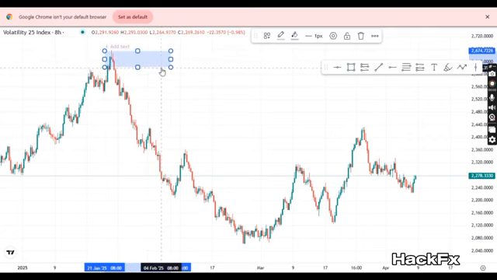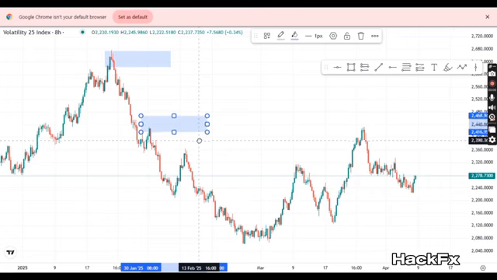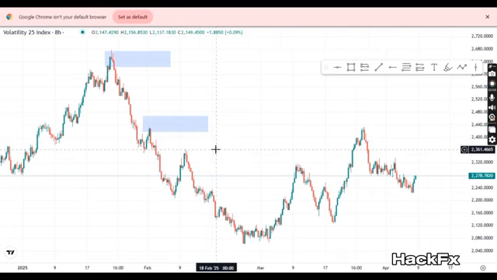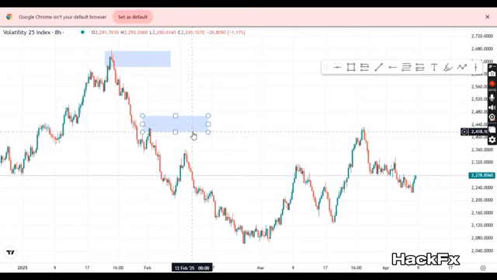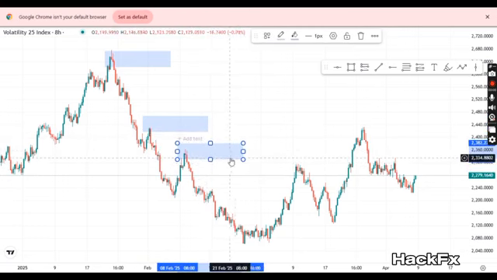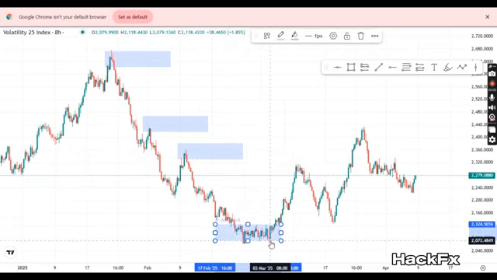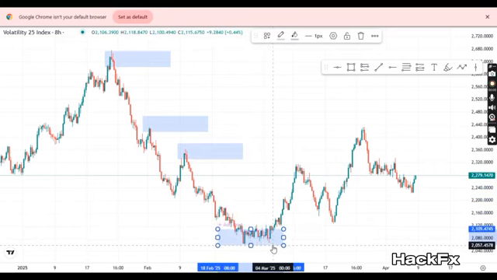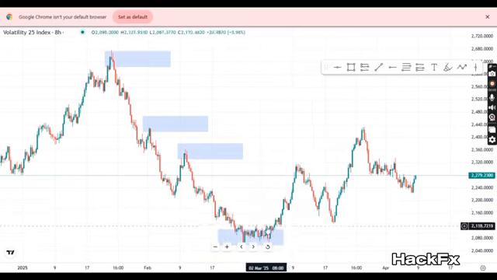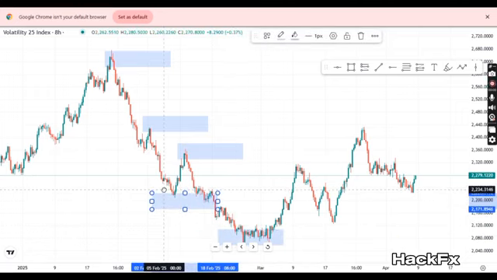Let's duplicate it. This is the second lower high. Okay, this is the third lower high. This is the last lower low.